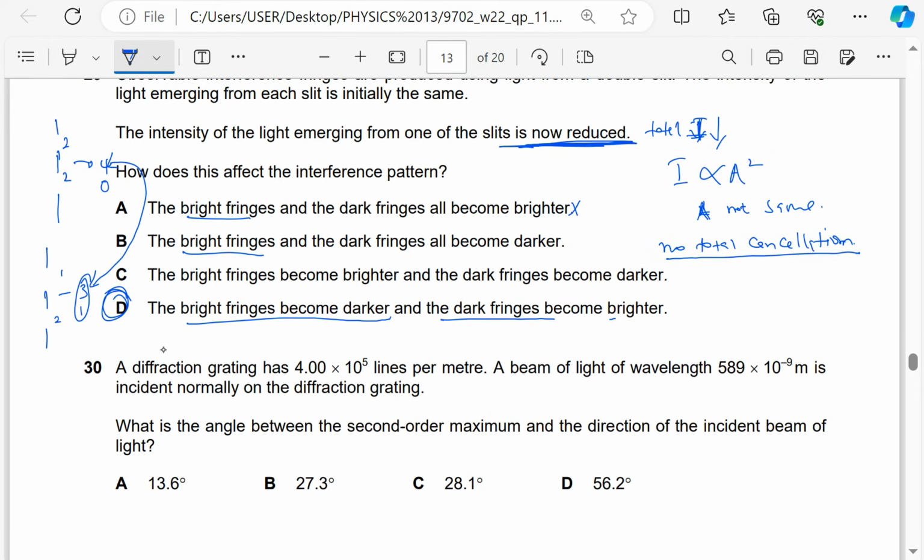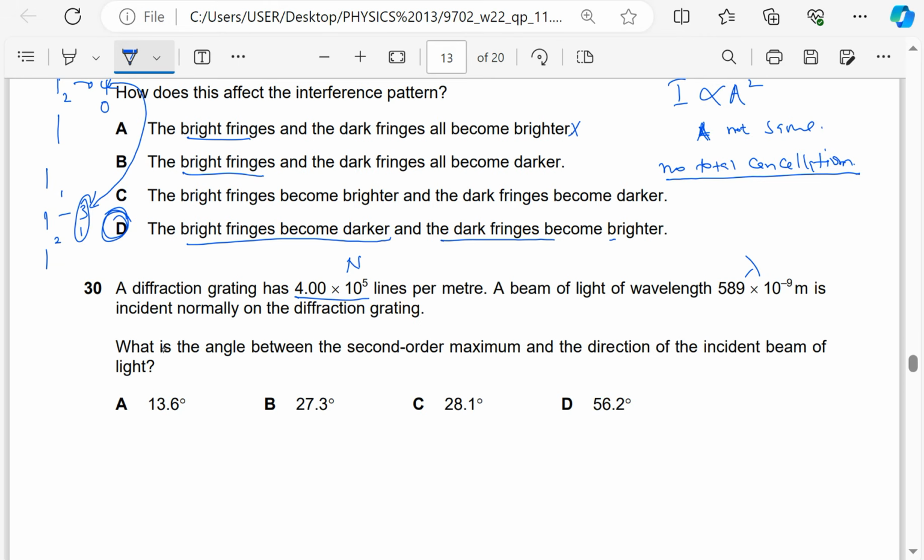A diffraction grating has 4 times 10 to the power of 5 lines per meter, so this is capital N. A beam of light of wavelength lambda is normal to the diffraction grating. What is the angle between the second order maximum and the direction of the incident beam? So this is small n equals 2, and we want to find theta.